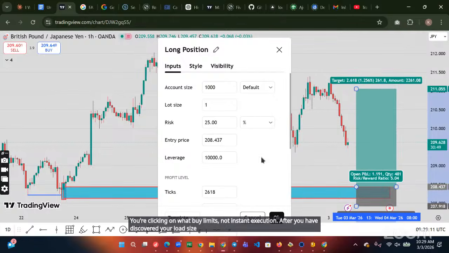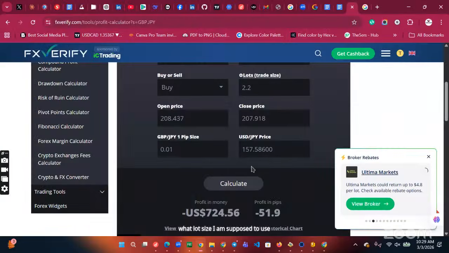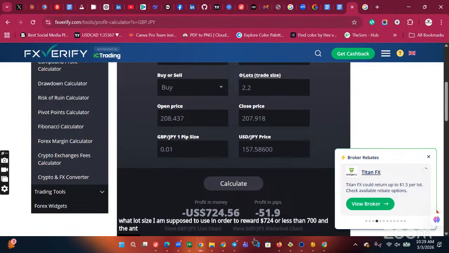So for me, 1% of $75,000 is $750. And FX Verify has been able to tell me what lot size I am supposed to use in order to reach $724 or less than $750 and the anticipated $50. Okay.